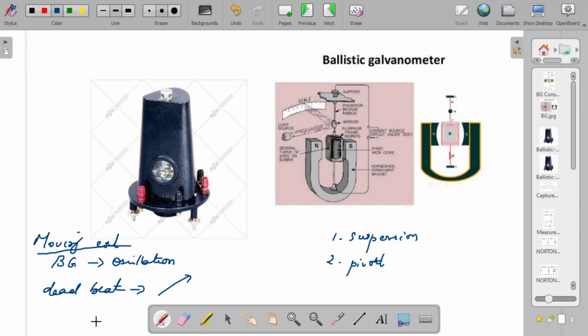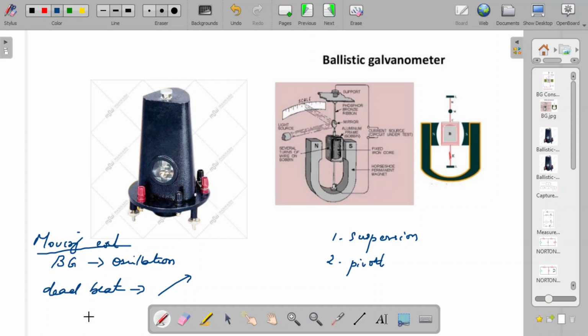So a moving coil galvanometer itself can be ballistic, or it can be deadbeat. The one we are focusing on in this study is the ballistic galvanometer.